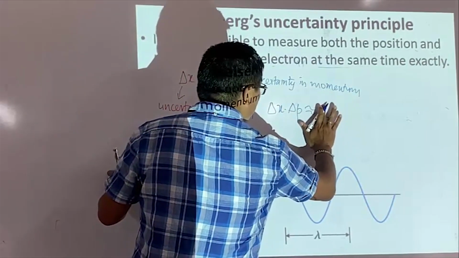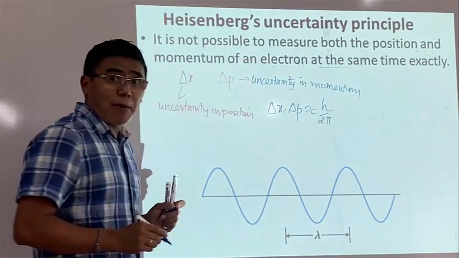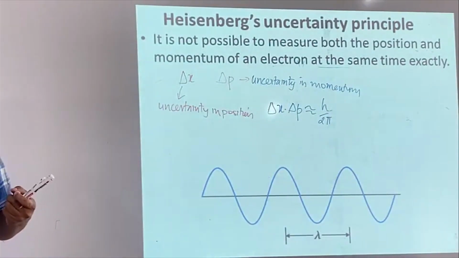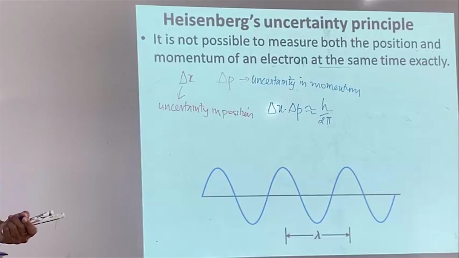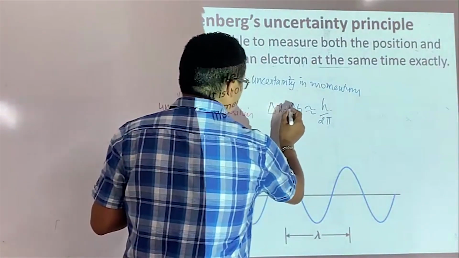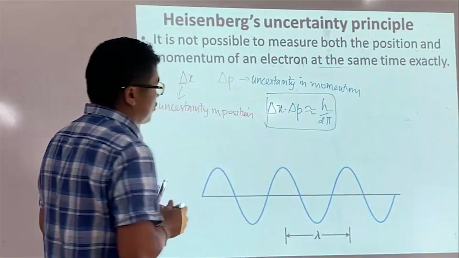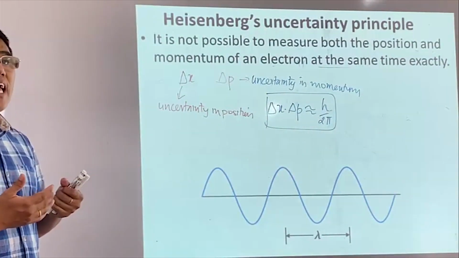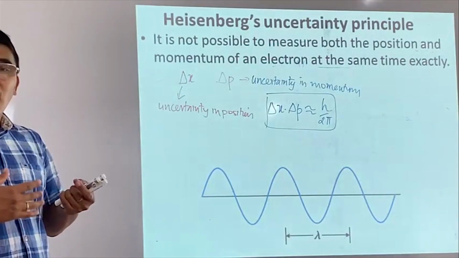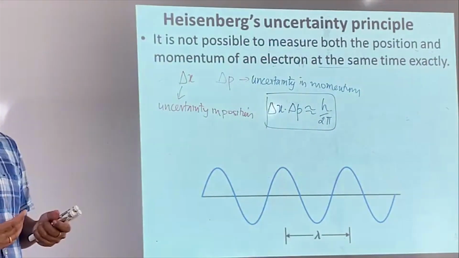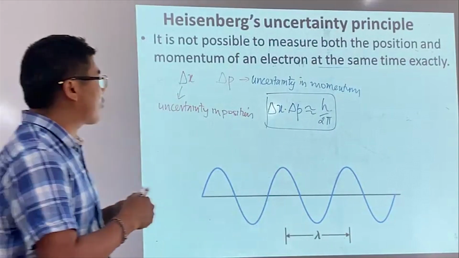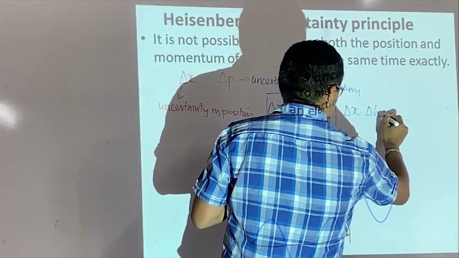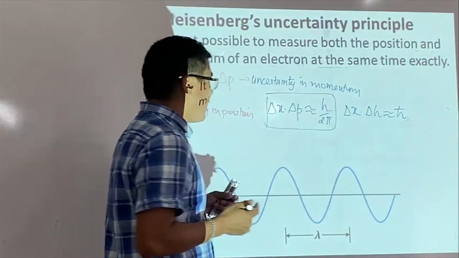Whenever we deal with subatomic particles, we frequently come across the Planck constant, a constant that defines subatomic particles. So this is the uncertainty equation: the product of the uncertainty in position and the uncertainty in momentum is always of the order of h by 2 pi. Sometimes we write this as h bar, which is again h by 2 pi.